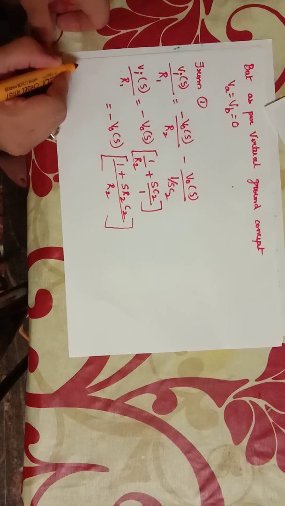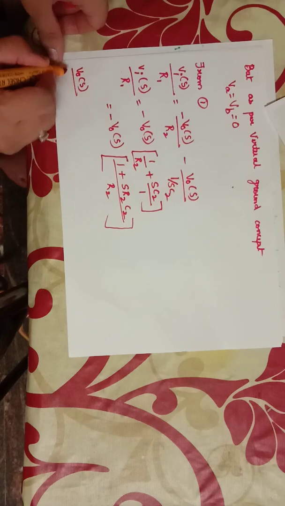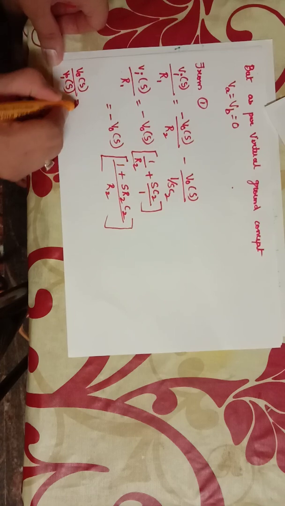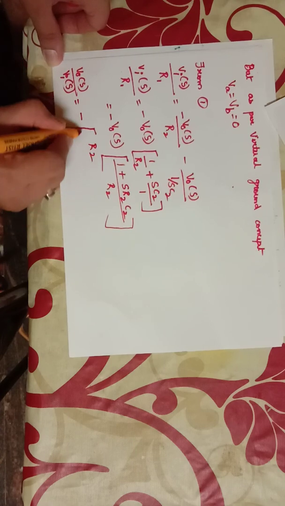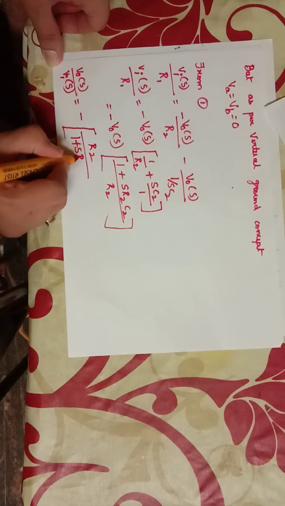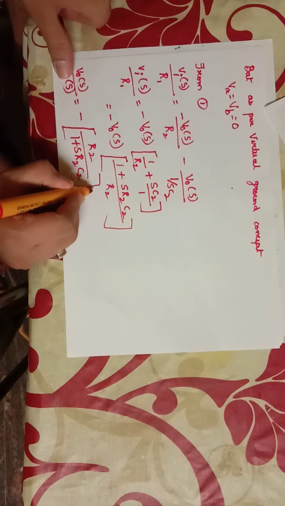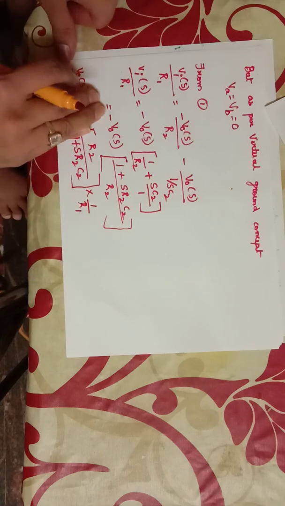then V0(s) divided by Vi(s) is minus R2 divided by (1 plus sR2C2) into 1 by R1.